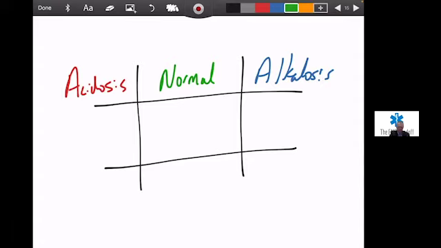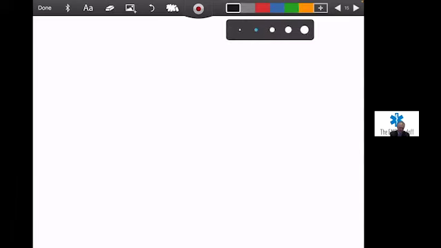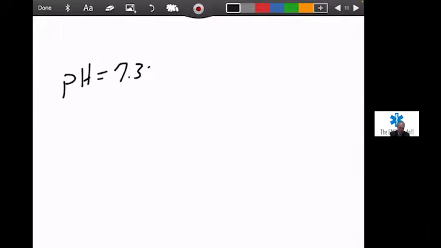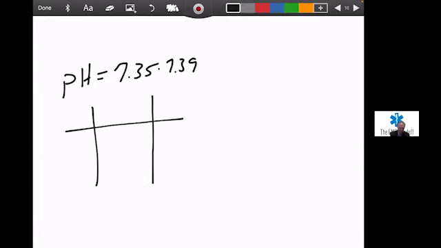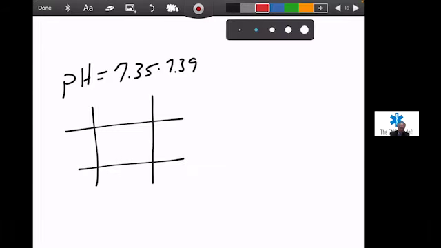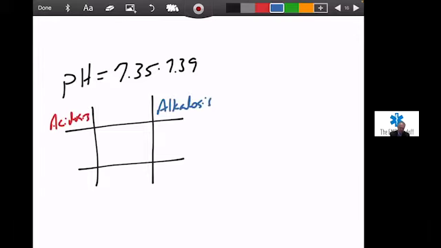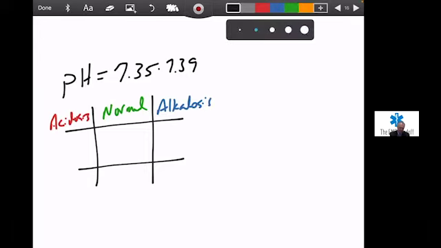So think about it this way. If my pH equals 7.35 to 7.39, and I'm plugging it into my little Tic Tac Toe board, and I've got acidosis on this side, alkalosis on this side, and my nice normal in the middle, and my pH is 7.35 to 7.39, then I know that my pH is normal because it's in this range.